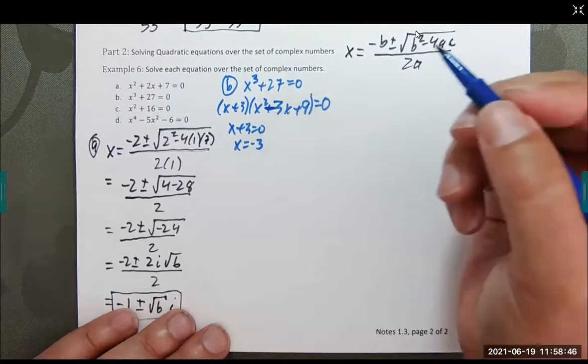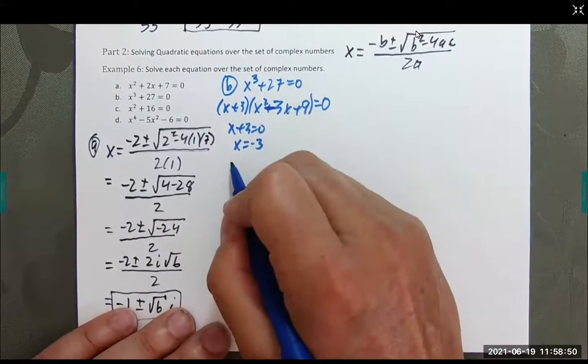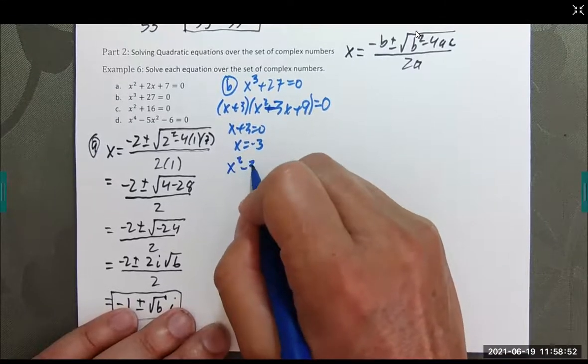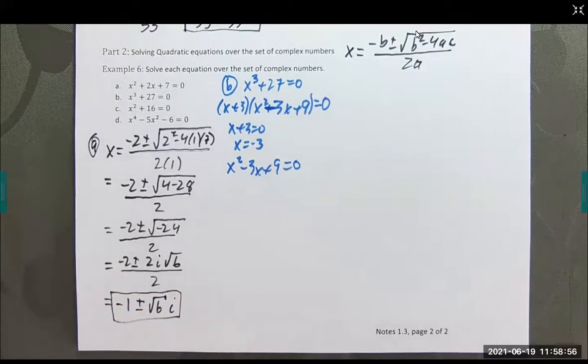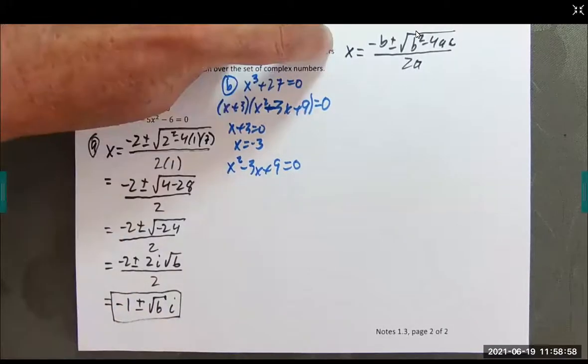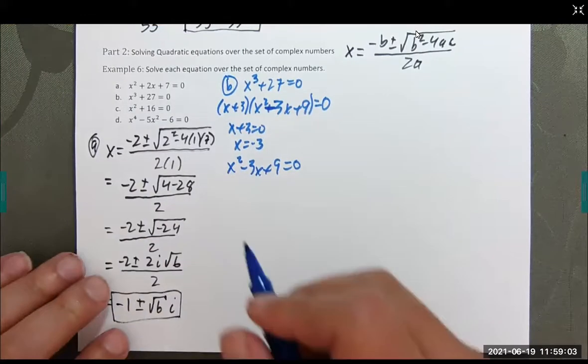However, when we run into this part, x squared minus 3x plus 9 equals 0, we have a quadratic. So once again, I'm going to use the quadratic formula. A in this case is 1, b is negative 3, and c is 9.